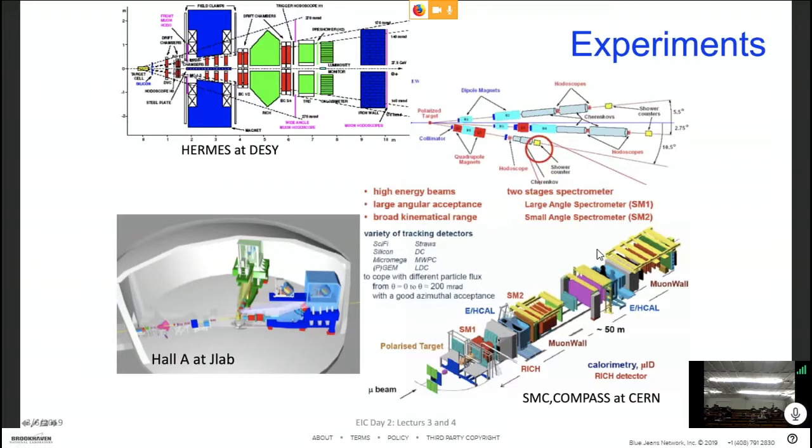The only difference is that the COMPASS experiment, unlike the others, uses muon scattering. So they can go to higher muon energies, 200 GeV, 160 GeV, while the electron beams are typically 10 to 20 GeV. And that affects the x-Q squared plot. That's why the muon experiments can go to lower values of x, because they have large center of mass energy.